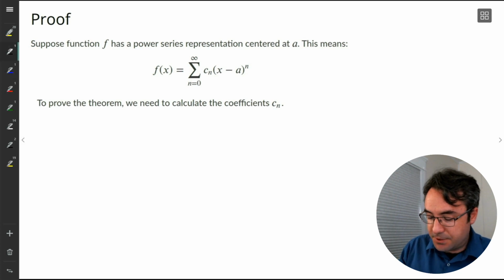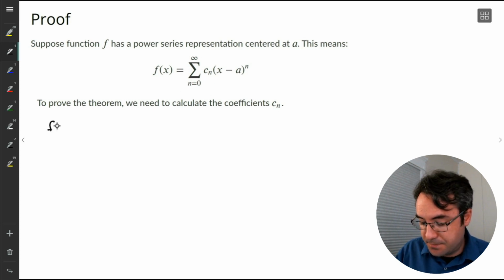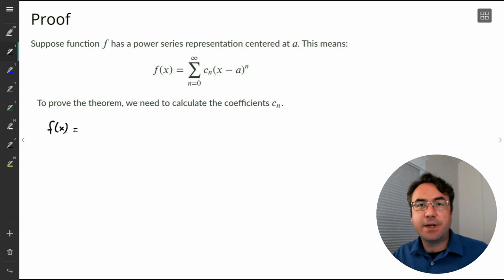So let's start by writing out the first few terms of the power series expansion. So let's start with f of x, and let's write out maybe up to n equals 4.